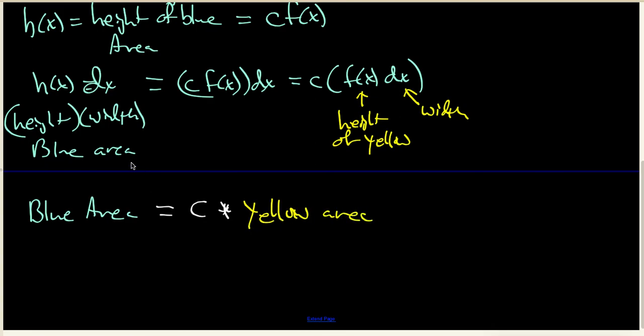And that's because up here, our height times width of the blue area is c times the height times width of the yellow area. But now it's just a matter of putting the integral signs back in.